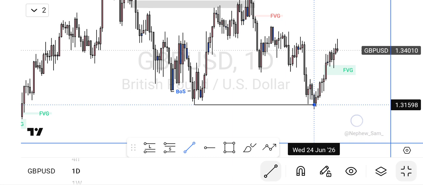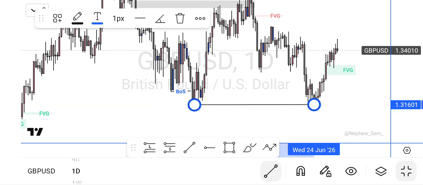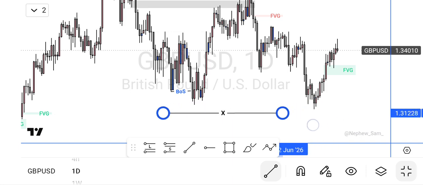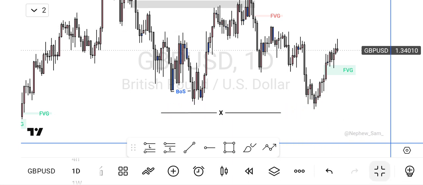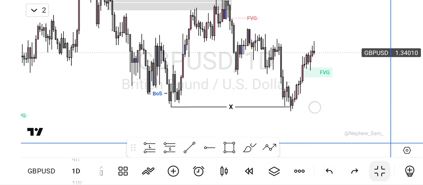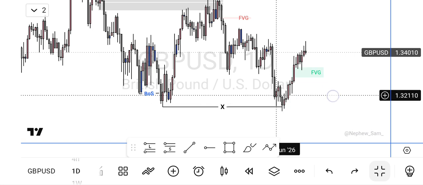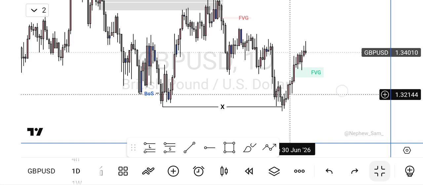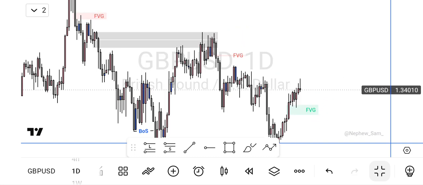When we mark it, you will see that this one failed to close below. That is a sweep. The sellers failed to close below this low, indicating that there is a possibility of buyers taking out this high.